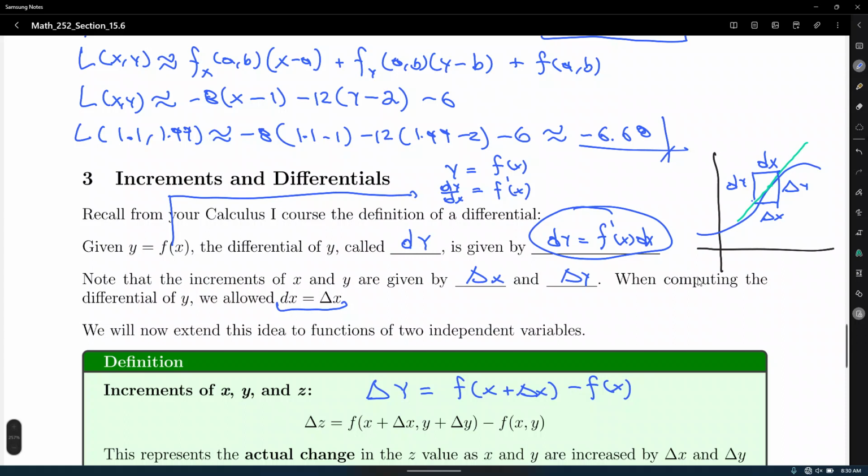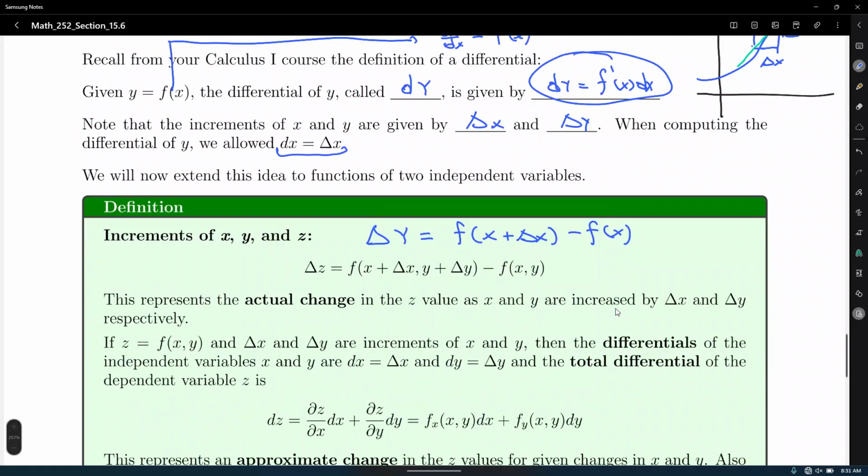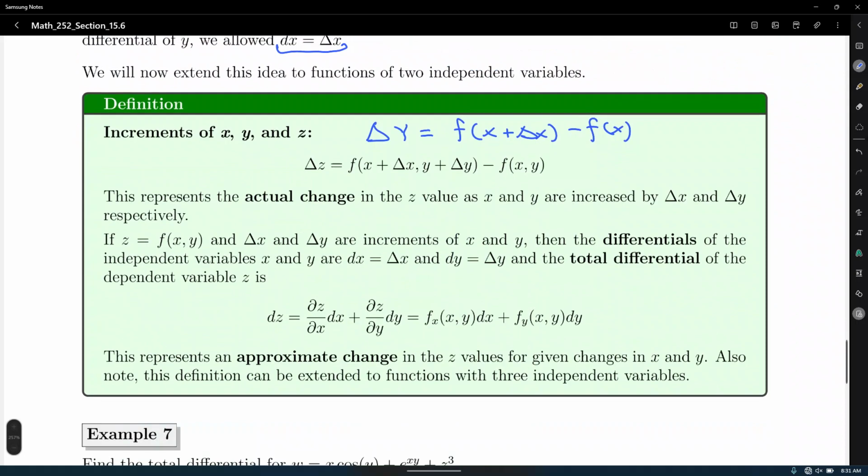However, if we're just looking at the change of one independent variable to see its effect on the dependent variable, this part looks a lot like dy equals f prime of x dx.